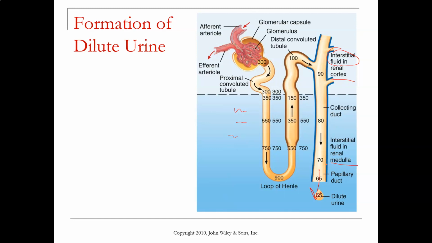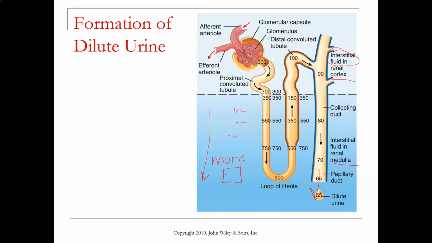And the main thing I want you to notice is the color here, the way they have it going from lighter to darker and darker blue. They're showing it this way because as you go from the cortex to the medulla, the interstitial fluid becomes more and more concentrated.